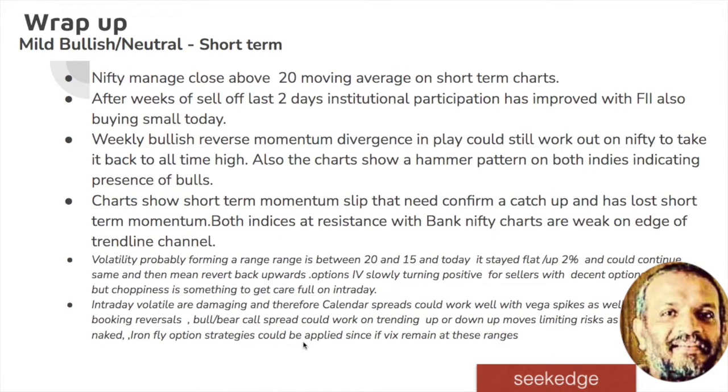That's about the volatility range formation that's happening, and there can be big V-shaped moves and choppiness as long as it is trying to form this range between 15 and 19 or 20. So intraday traders have to learn the game and know how to identify reversal candle patterns, or they should ideally play hedged positions like credit spreads, fully hedged, or vertical spreads instead of going naked.